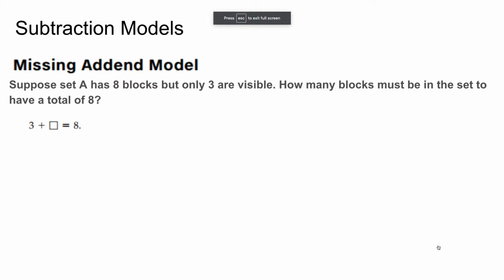Okay, so another model is the missing addend model. This is not a subtraction context. If you are reading this context, it's actually an addition context. But we are using subtraction to find the answer, right? So let's look at this.